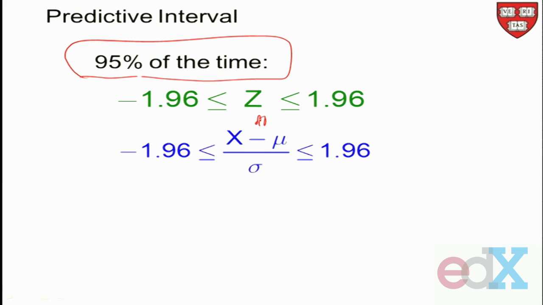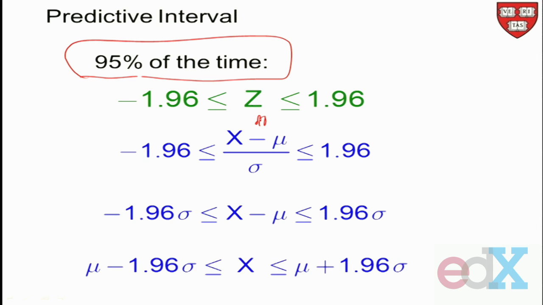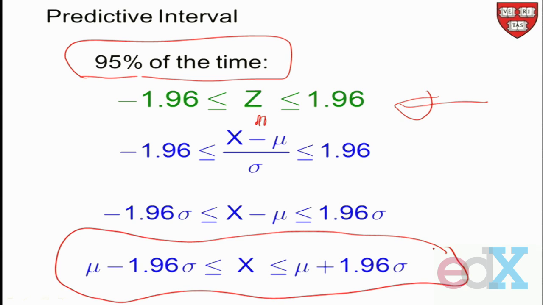So we use it right there. Now let's multiply through by sigma, and let's add mu to everything, and there we've got it. So this statement about the standard normal gets translated into this statement about your x for general mu and sigma.